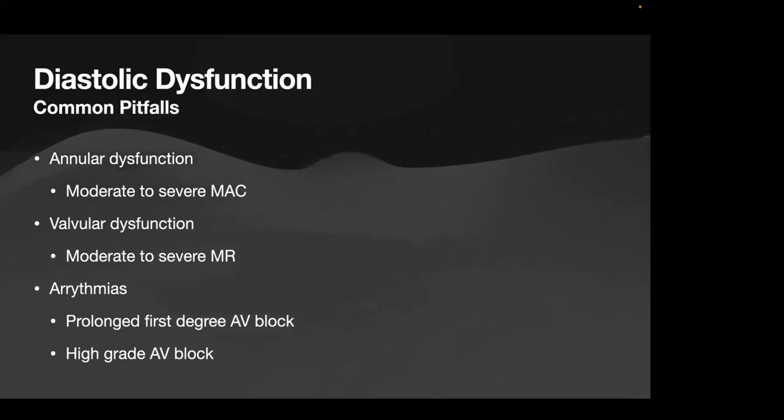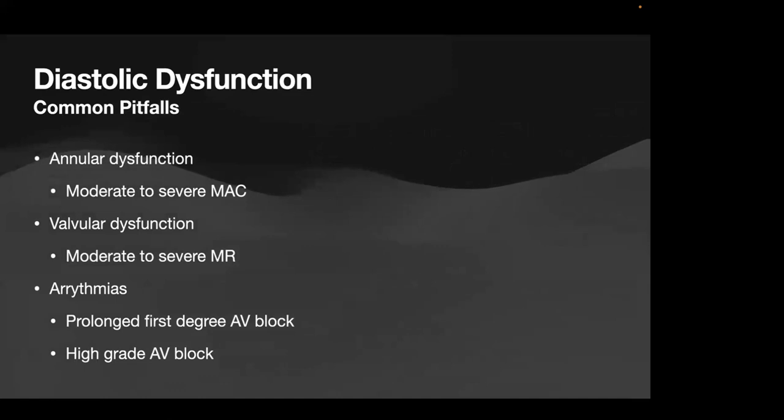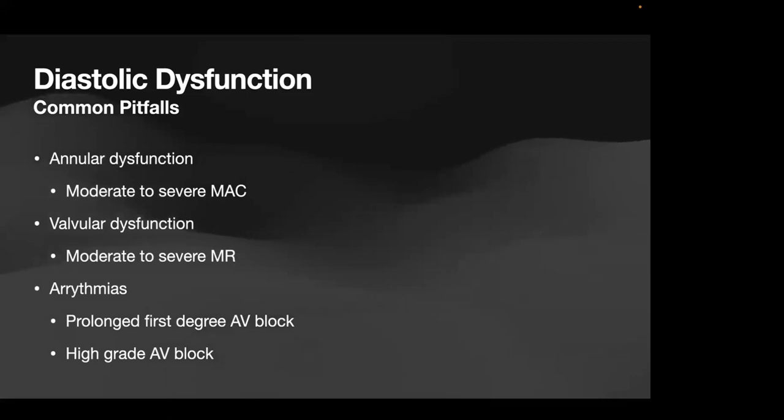So anything that gives you annular dysfunction, that can include mitral annular calcification, mitral annular prostheses, mitral valve prostheses, prosthetic valves. If you have patients who've had some form of annular issue, like rheumatic, all the things that can affect your annular function will affect your diastolic function.